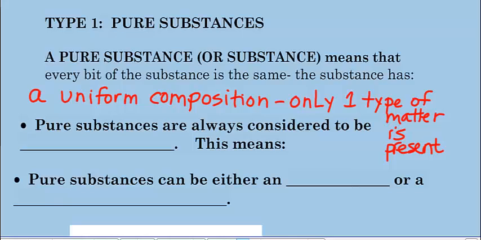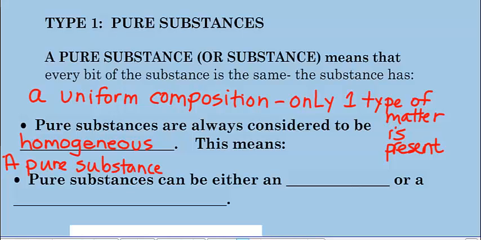Pure substances are always considered to be, this may be a new word for you, homogeneous. And what it means if you are homogeneous is that even though you might have more than one type of atom that are bonded, they always look like one thing to the naked eye. So this means that a pure substance only looks like one thing is present.